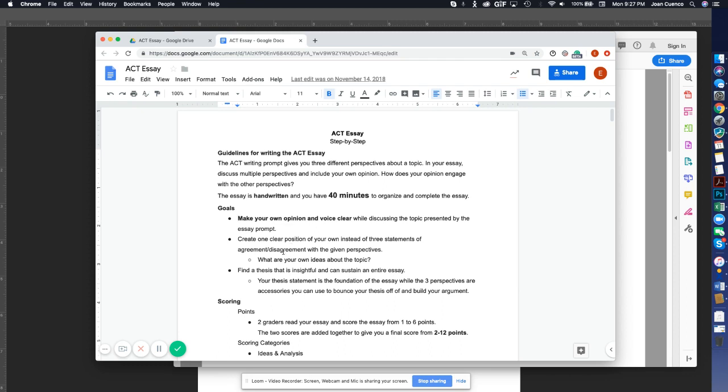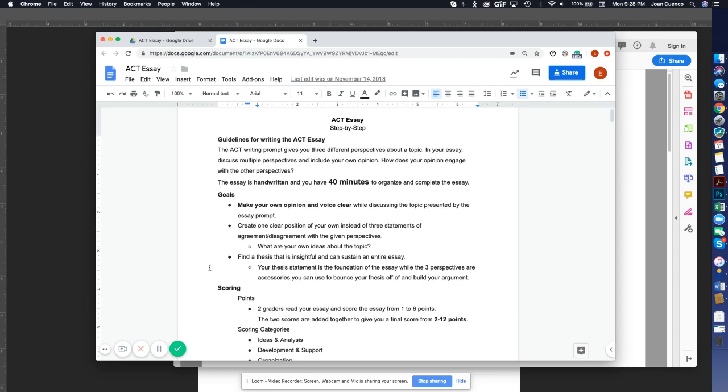You want to dig deep and really analyze what is strong and weak about the other perspectives while accomplishing the goal of supporting your perspective and making it clear what you think about the topic. So when you create your thesis, make sure that it is insightful and has enough depth that you can write a whole 5-paragraph essay about it.